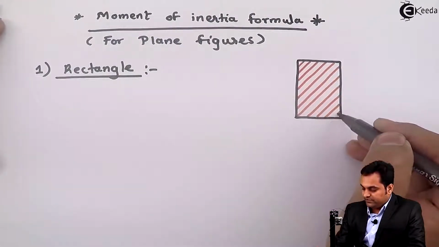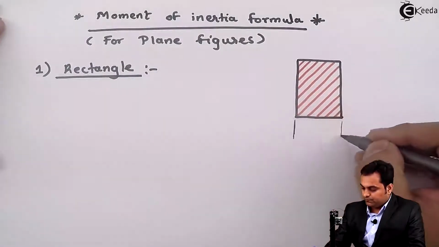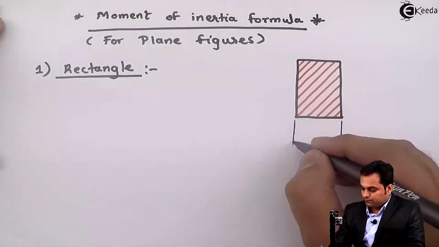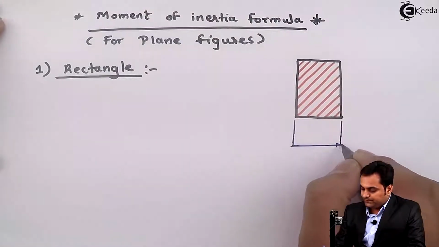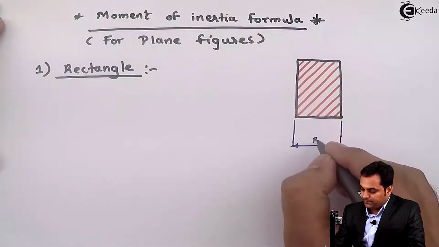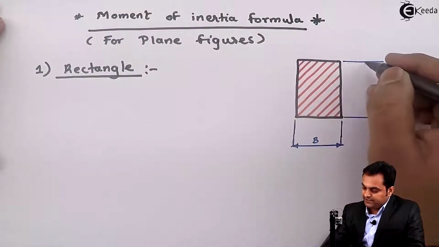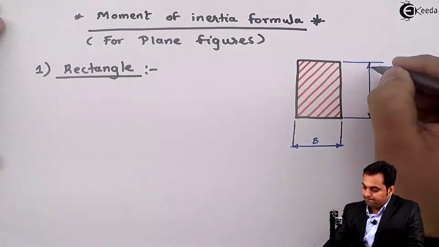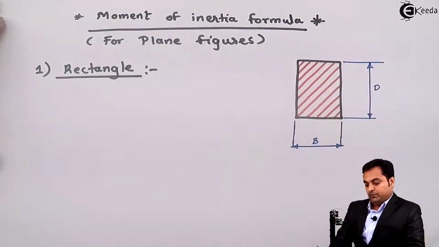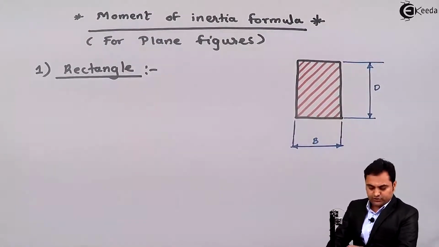Now here we have a rectangle whose width is b and depth is d. For this rectangle, the first thing is we should know where the centroid is.